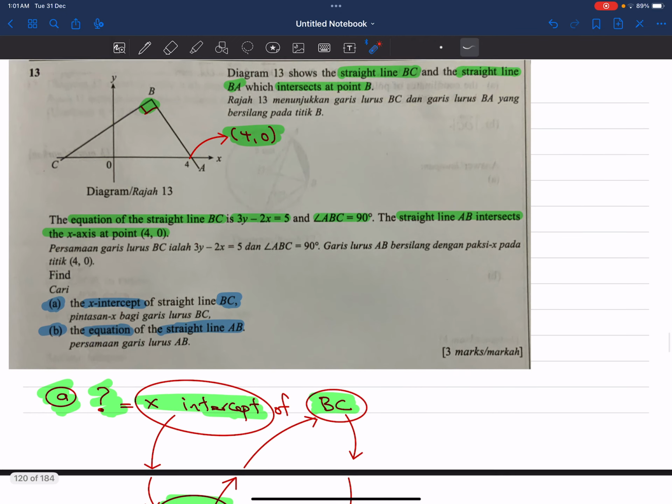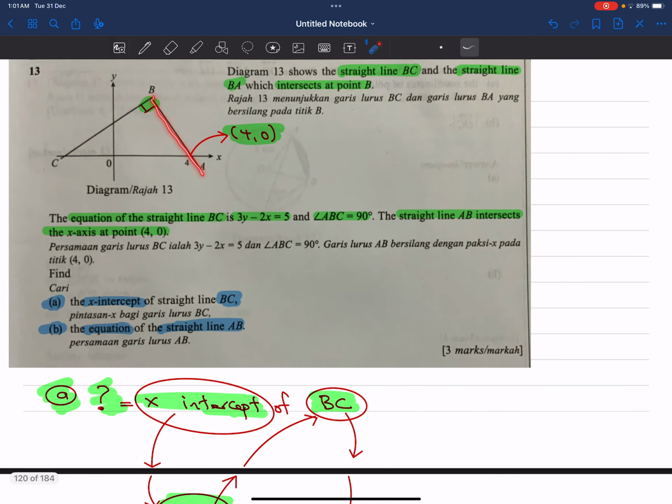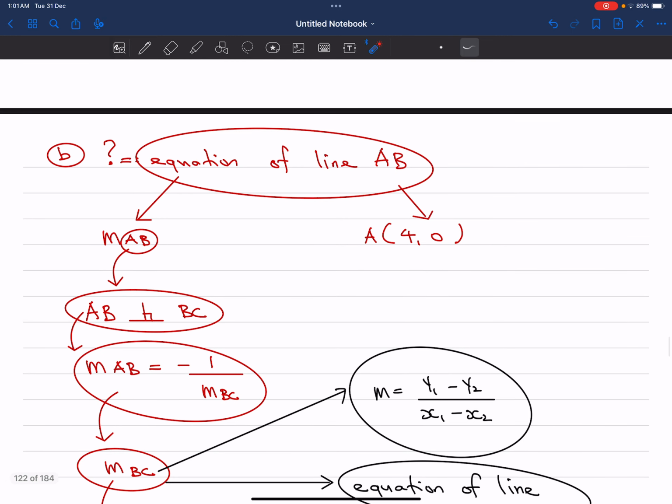Second, part B: find the equation of the straight line AB. They are asking the equation of this line AB. So here, as usual, we start from what they are asking. Now to find the equation of a line, we need the gradient of the line and a point on the line.